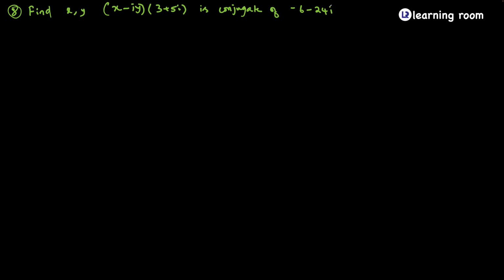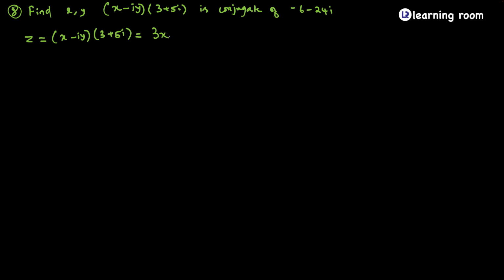It is a conjugate. Suppose I call this z, so z is equal to x minus iy into 3 plus 5i. Two terms into two terms, I'll get 4 terms in total. So what is going to be the value?